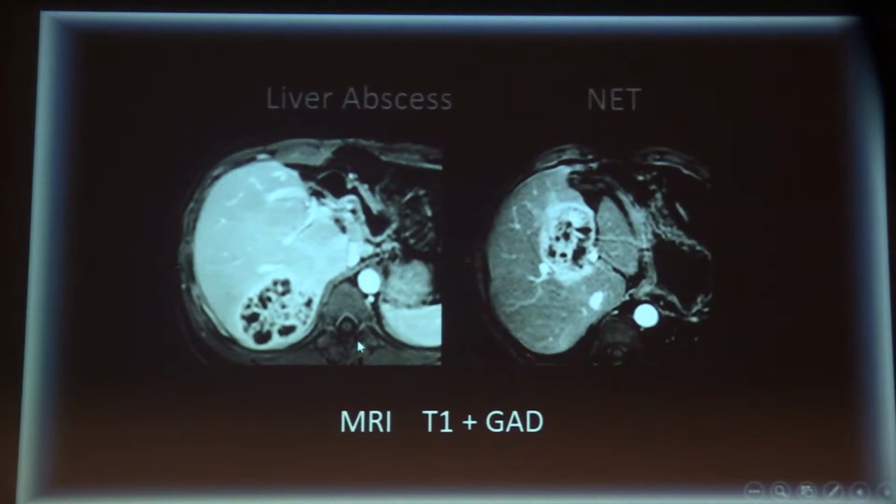And this was a neuroendocrine tumor, and this was a liver abscess. So knowing the clinical information, this patient had fever, leukocytosis, everything we know that a patient with a liver abscess should have. And this was a patient who was asymptomatic except for the symptoms produced by his tumor.